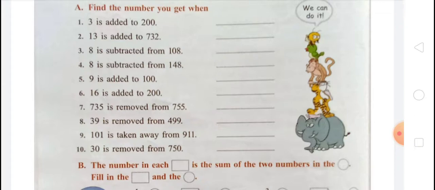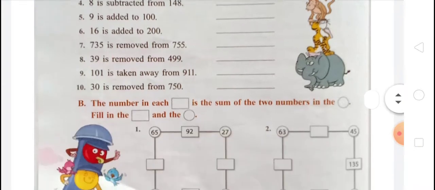So 499 minus 39 equals 460. Question number 9, 101 is taken away from 911. So 911 minus 101 equals 810. Question number 10, 30 is removed from 750. That means you have to subtract 30 from 750. That is 720.